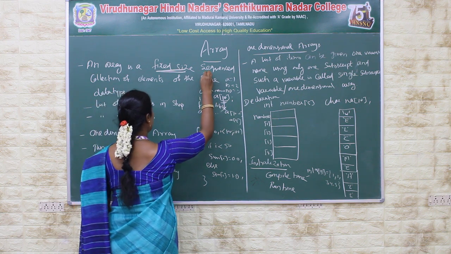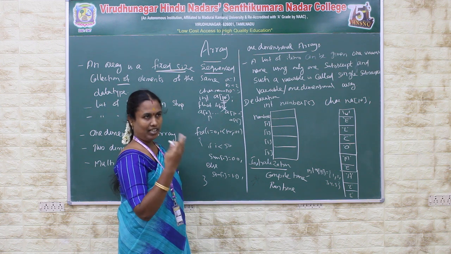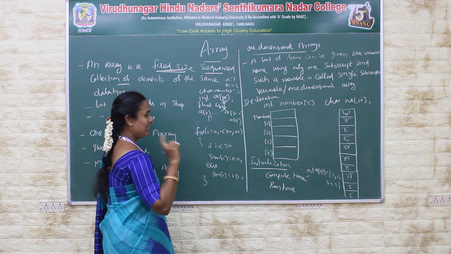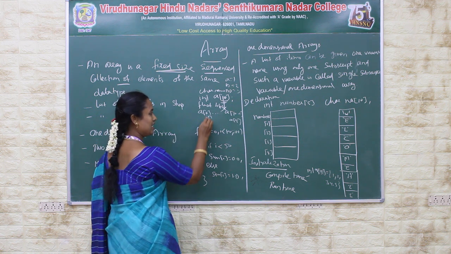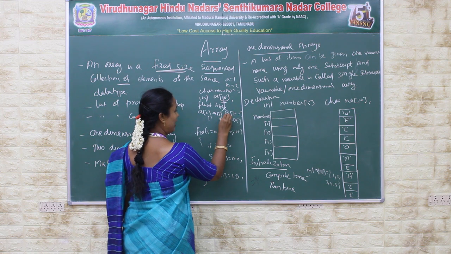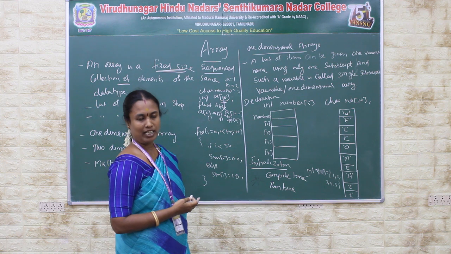And what is a sequenced collection? Sequence means one by one in the correct order. For example, array indices always start with 0, which means the first element is stored at index a of 0, the second element at a of 1, then the third element at a of 2. In this sequenced manner only can I store the array elements.